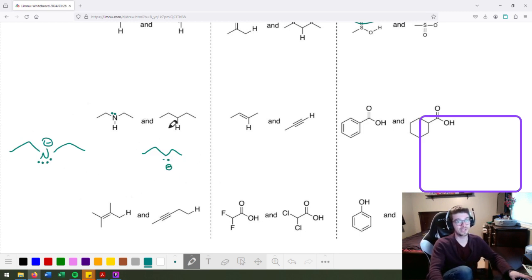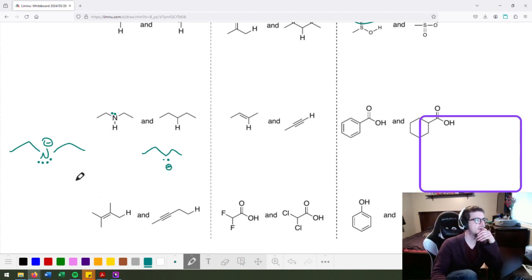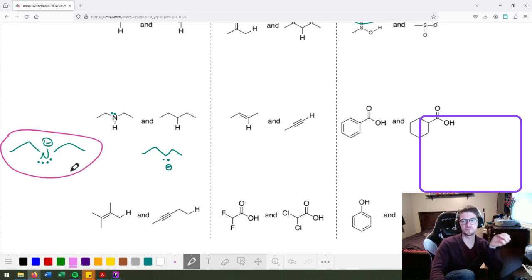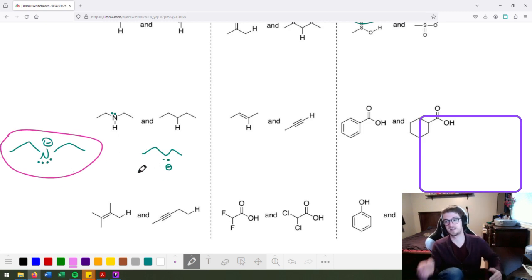Okay, so looking at these two, we were assessing the stability of each of these conjugate bases, these charged species, and from this there's a very clear winner over here. The nitrogen with the negative charge is vastly more stable than the carbon with a negative charge, and this is because of the electronegativity of nitrogen.